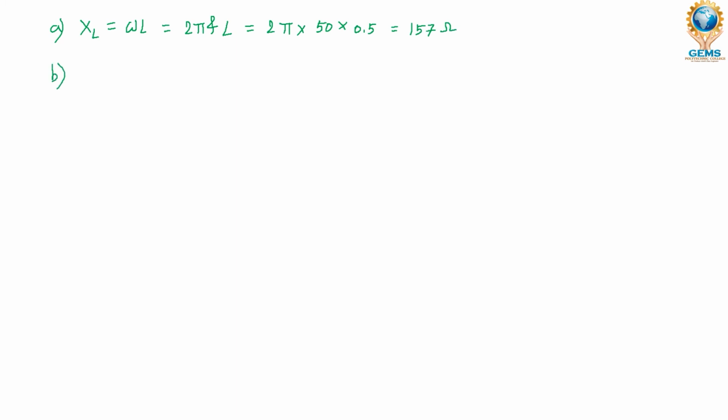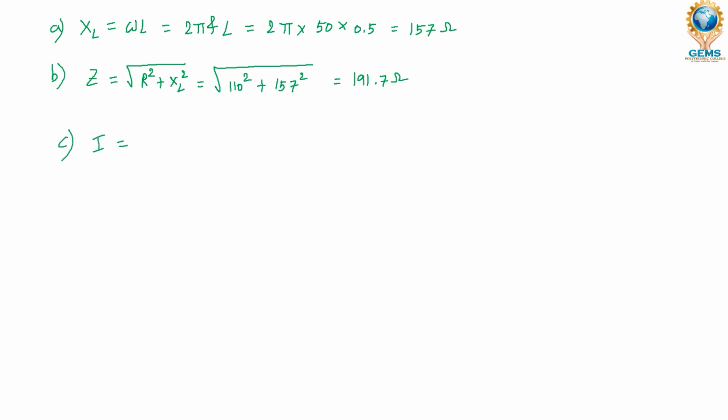Second, he is asking us to calculate impedance, that is Z. Z equals square root of R square plus XL square. What is the resistance value? 110 ohms plus XL, just now we calculated 157 ohms, whole square. We'll get impedance value 191.7 ohm.